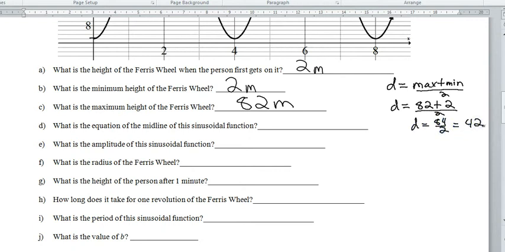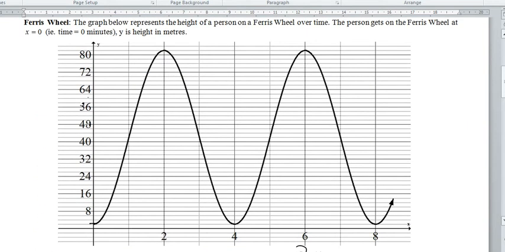So the equation is y equals 42, which means the value of D is 42, right? D equals 42. And the equation of the midline then is y equals 42. So let's draw that in on our graph. It's always handy to be able to see the midline.